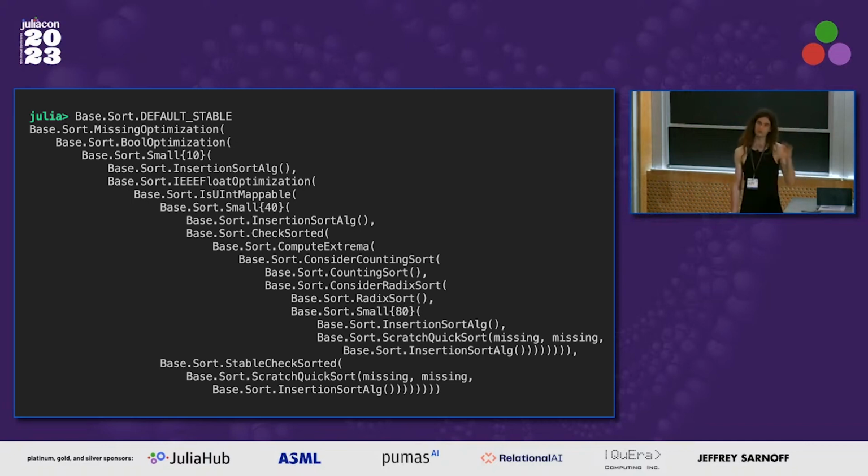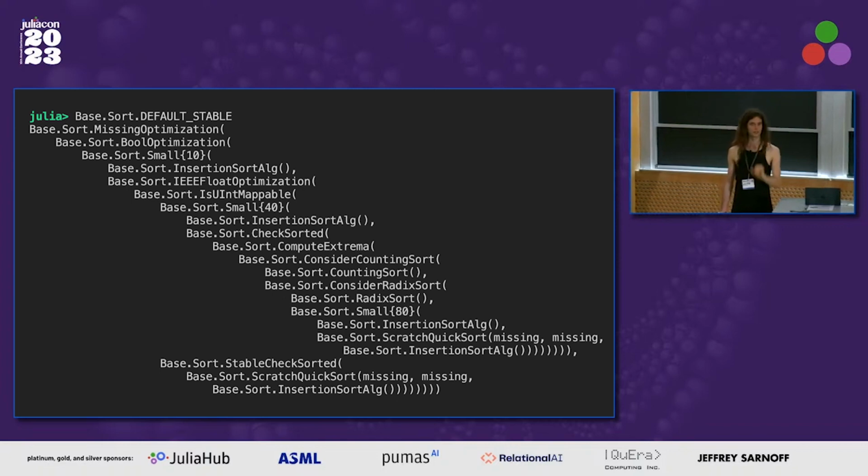To do those, we need to compute the extrema, that's the minimum and maximum value, so that we only have to radix over the necessary bits, and we only allocate what's necessary for counting sort. And then we also consider insertion sort or maybe scratch quicksort, all based on the size of the input and the range of inputs.